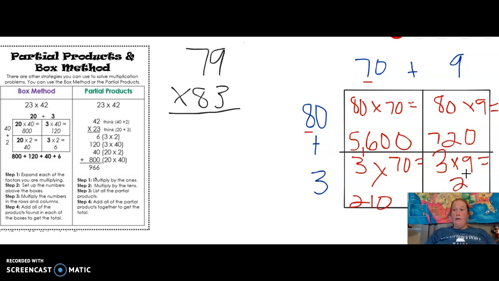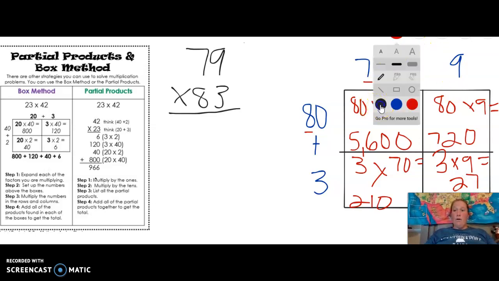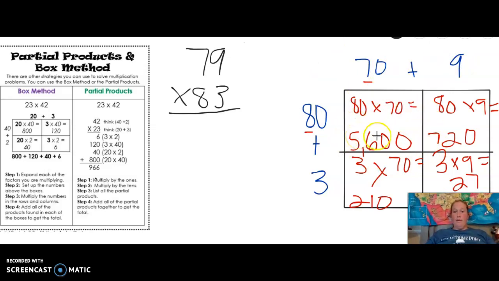Okay, so now we found all the partial products in our box method. We're going to add them up. Let's start with the first one. We have 5,600. Now, very, very important to line up by place value. 720.